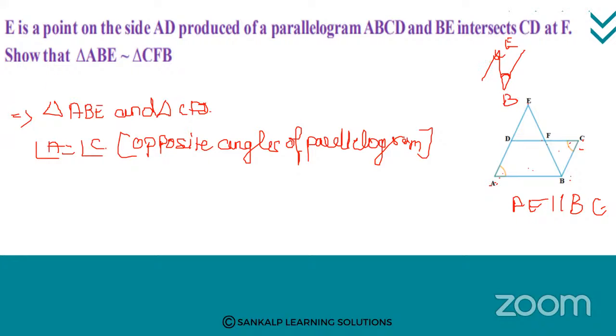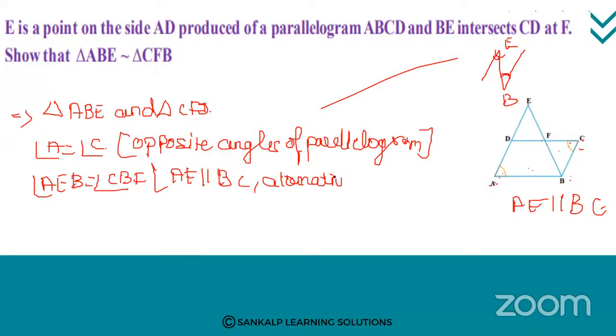Therefore, these two are alternate angles. Angle AEB is equal to angle CBF because AE is parallel to BC. Alternate angles.